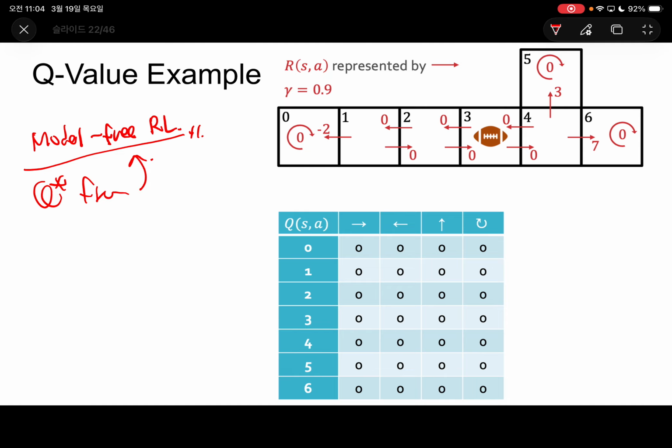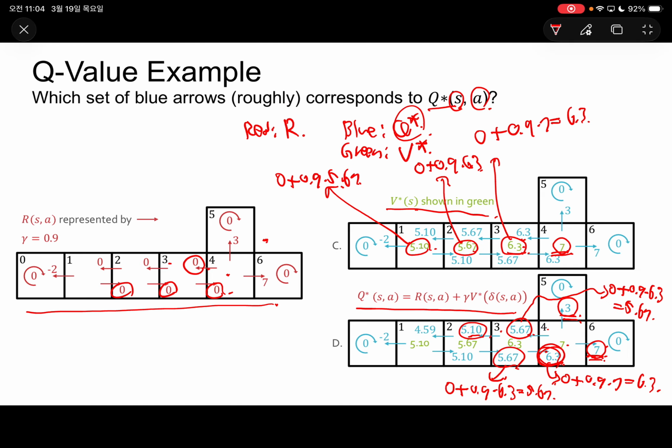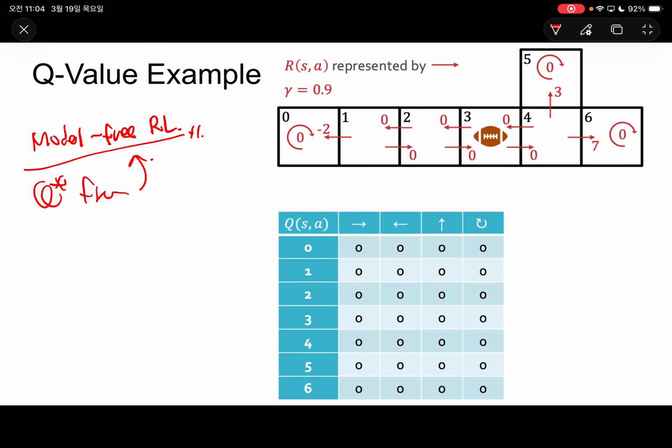So do you understand? In the previous one, we directly calculated Q function with model-based RL, but here our goal is the same, getting the optimal Q function from model-free RL, assuming we know nothing about the environment.